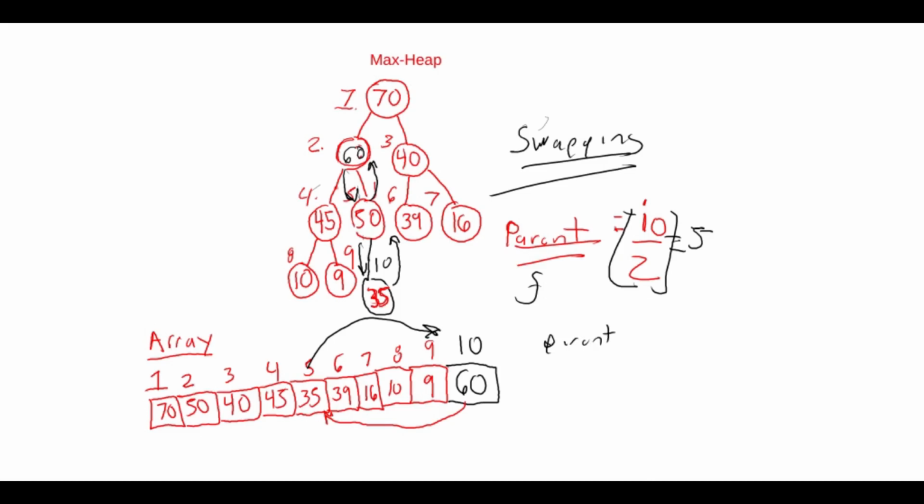So the equation is parent equals floor of i divided by 2, which is 5. And here is the floor.